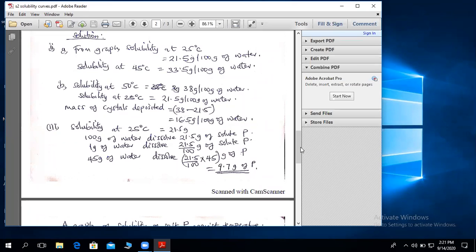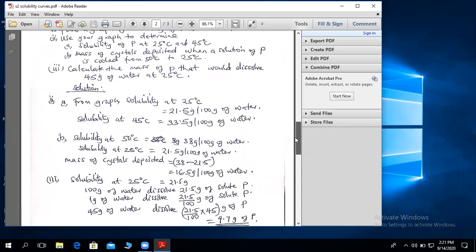Now, here we had another question. Calculate the mass of P that would dissolve in 45 grams of water at 25 degrees centigrade. What you do, you just go to your graph and you get solubility at 25 degrees centigrade.